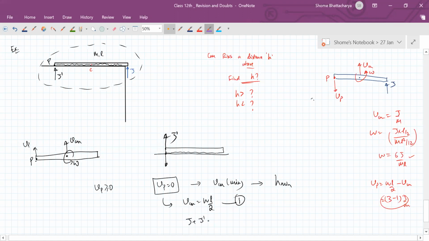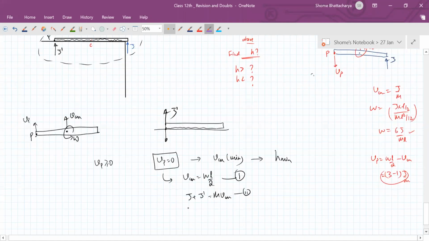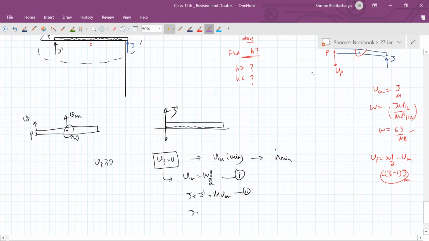Then we have J plus J prime is equal to M VCM. And we have J minus J prime into L by 2 is equal to ICM omega.